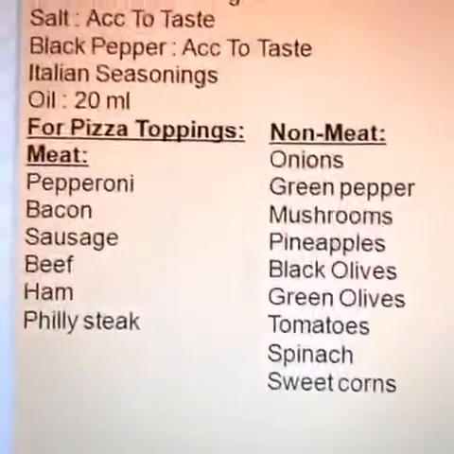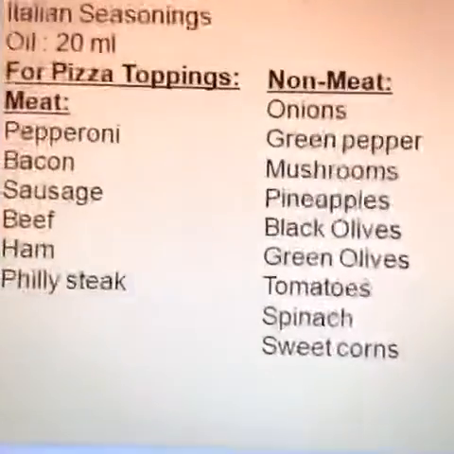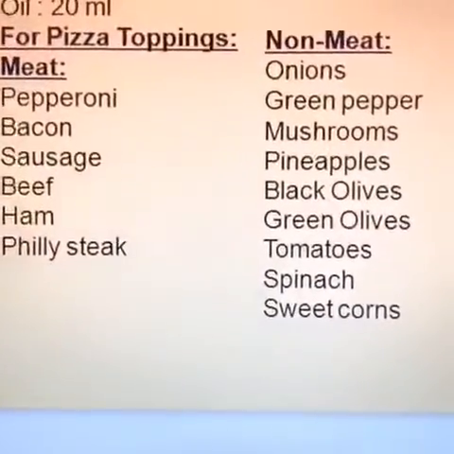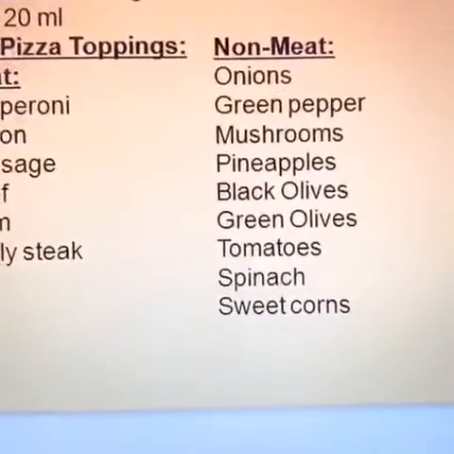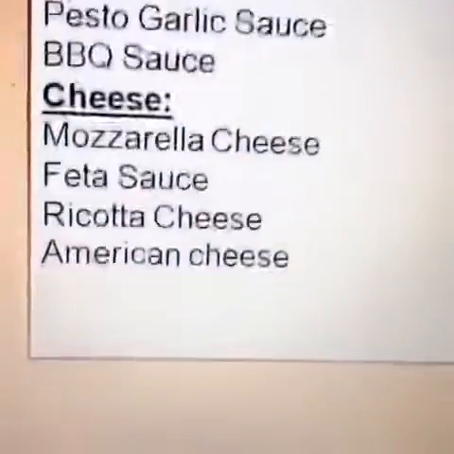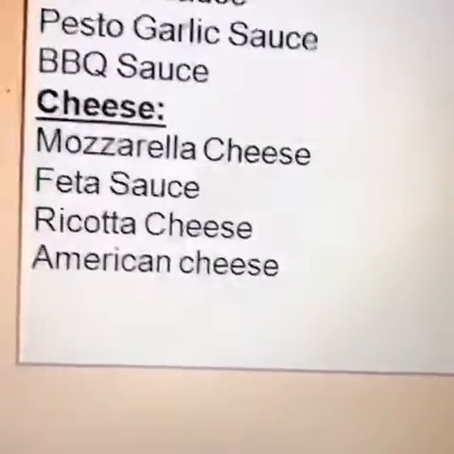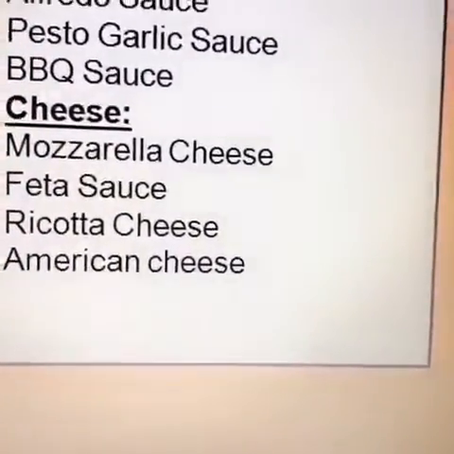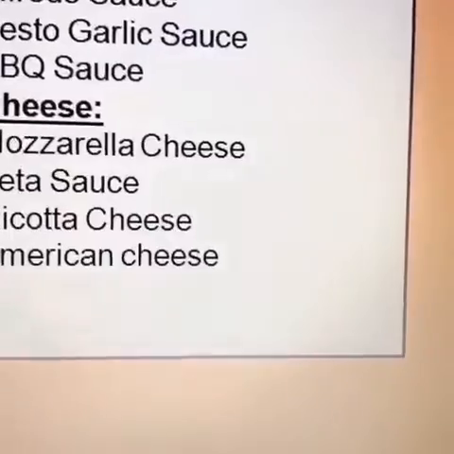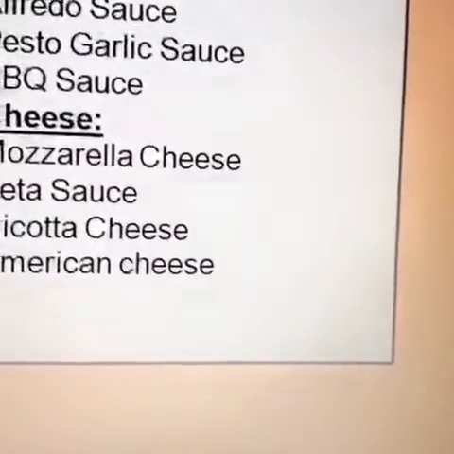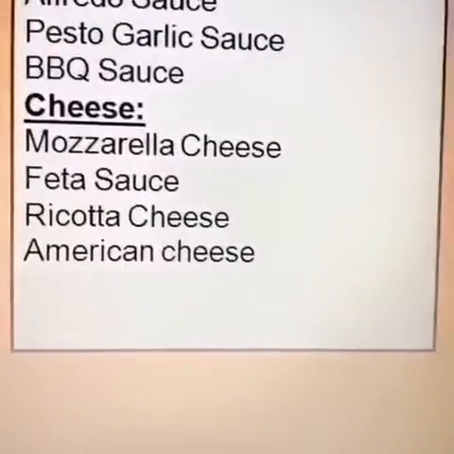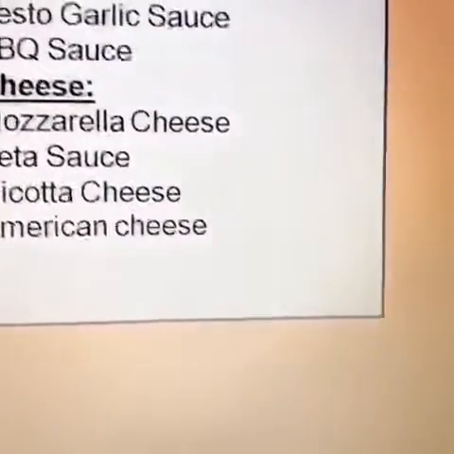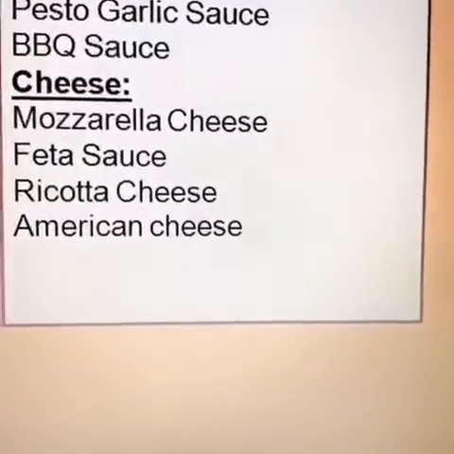Now, coming to the toppings, we have included both meat and non-meat toppings. Then we have sauce and cheese. We have not included too many sauces in our menu, just a small amount, so that once our business is set up, we will include more sauces.